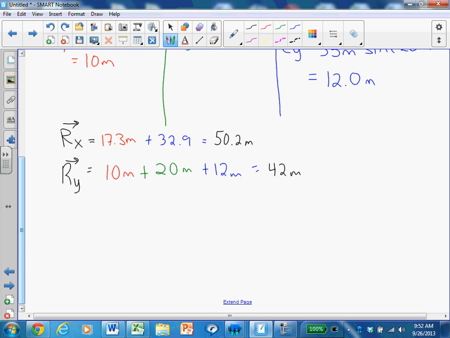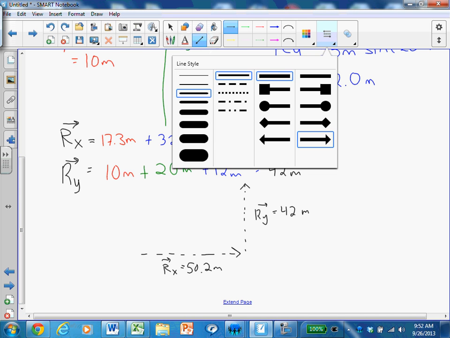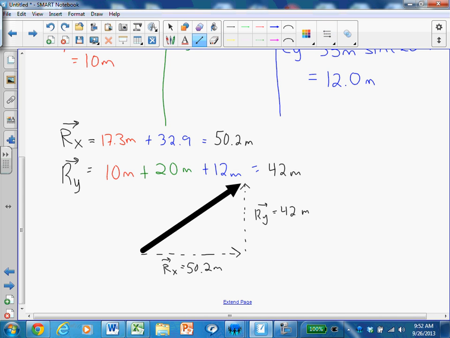So all the Rx's give you a vector. And when we arrange Rx that we sum together and Ry that we sum together, and we put them at 90 degrees head to tail, we can see our resultant vector is like that.